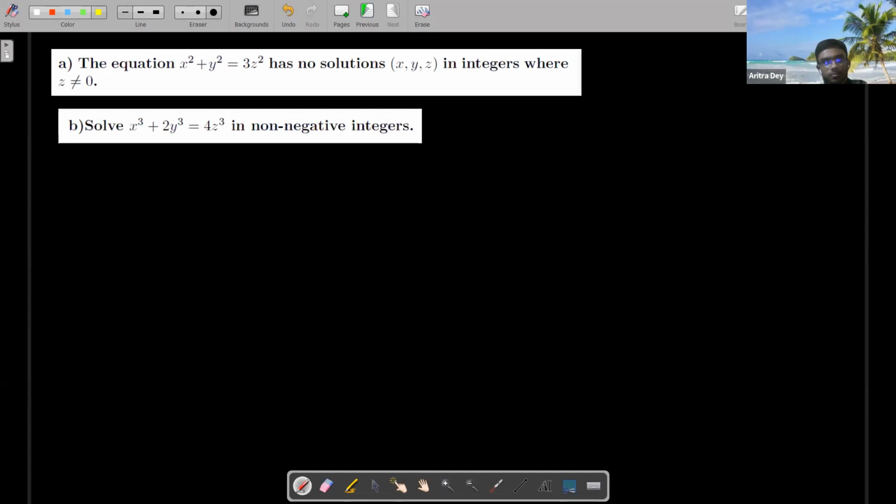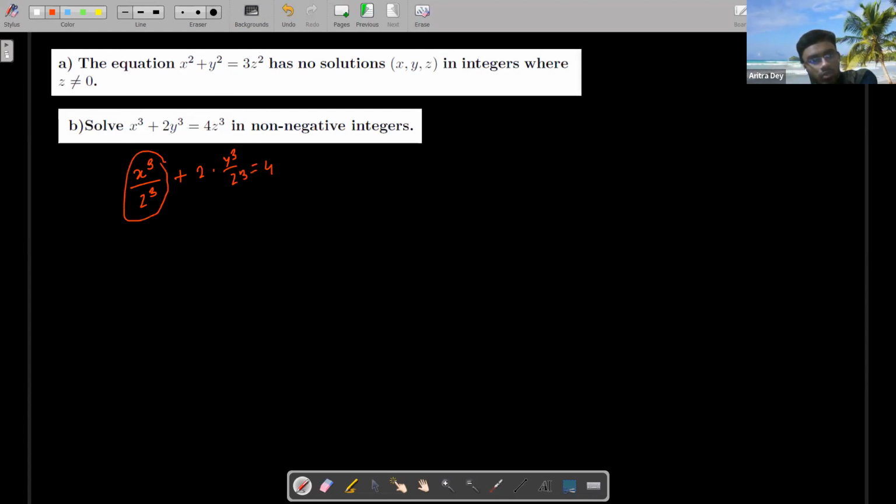But I wish to point out something more, that this particular problem can be developed in a different language. For example, if you divide both sides by z cube, or in this particular problem by z square, whatever you like, what do you get? x cube by z cube plus 2 into y cube by z cube equal to 4.